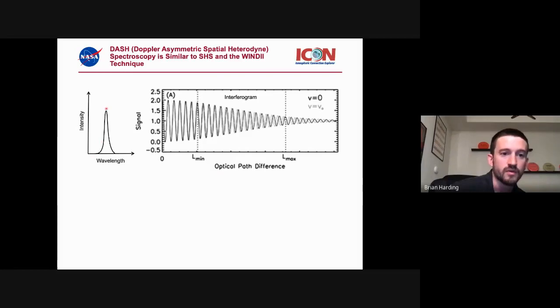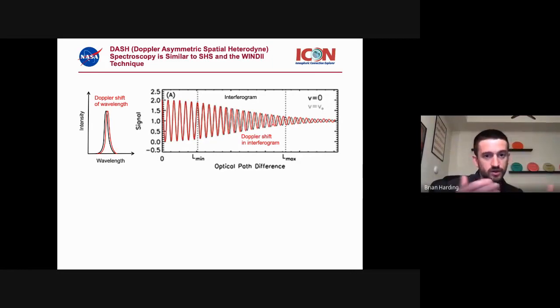So if you have an emission, which is like a Gaussian, that represents the atmosphere at rest, when that emission is Doppler shifted, you think of the Fourier transform property that a translation in one domain is a modulation in the other domain. That just makes a different spatial frequency in the signal that you measure. So as the wind goes back and forth, you can just watch this fringe pattern sort of come in and out.